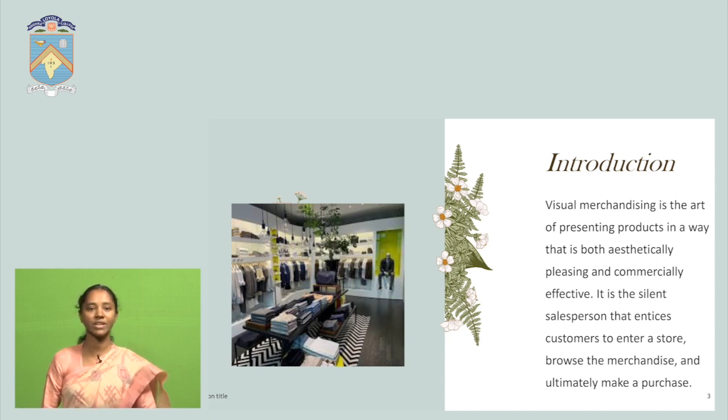Because without saying any word, it will attract a customer to walk into our particular store. The merchandising we display in our retail store should first catch the customer's eye. Only then does a customer want to come into our retail store.